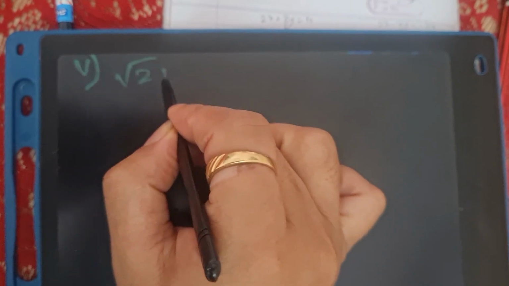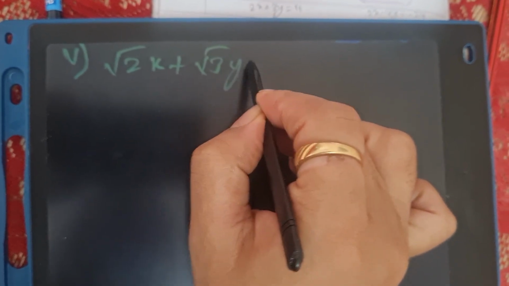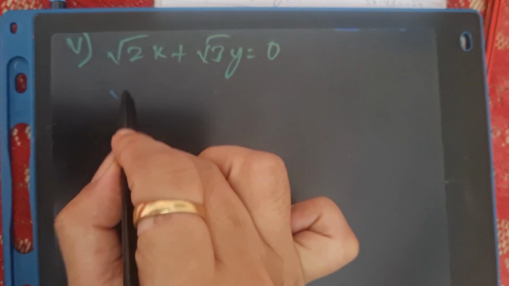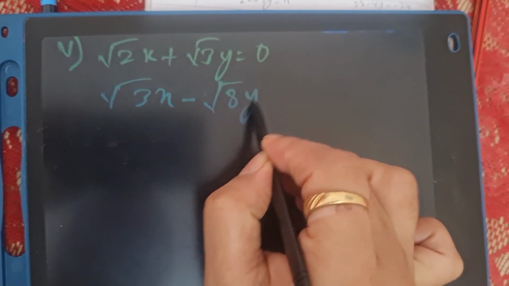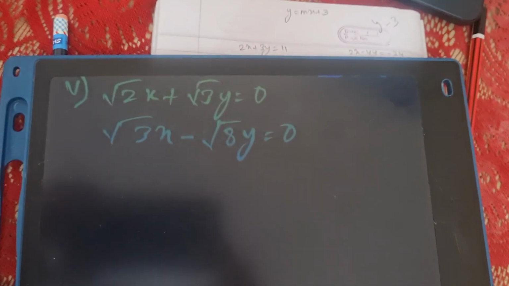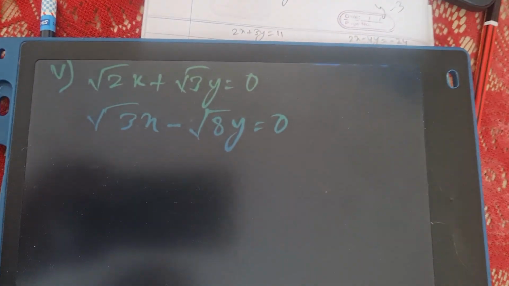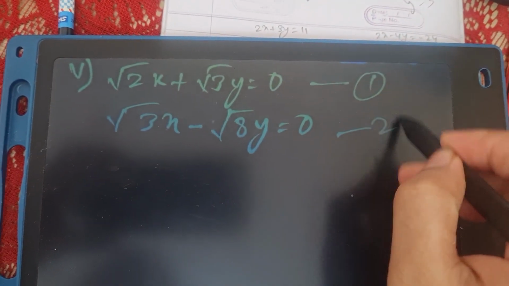Here root 2x plus root 3y is equal to 0. Root 3x minus root 8y is equal to 0. So we need to find the value of x and y using these two equations. We can name these equation 1 and 2.